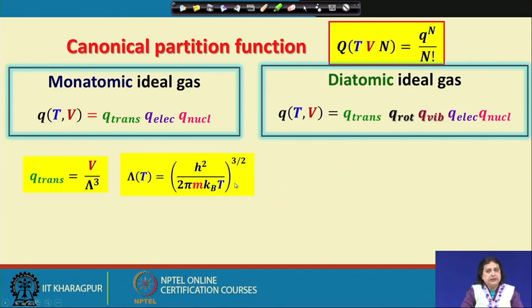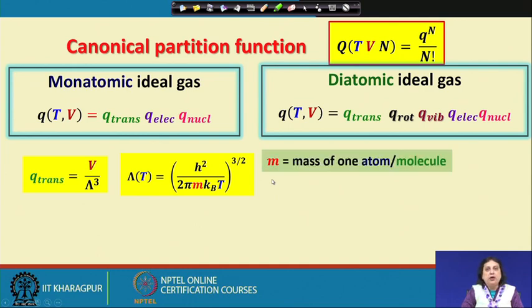We will come back to this concept later on, but as we see here, the thermal de Broglie wavelength depends on two key quantities: the mass of the single particle, and the temperature at which the system is present. So, on the whole, q trans is a function of volume and temperature at the level of thermodynamic properties, and for each given system the small m decides the mass of the overall moving particle that we are considering.